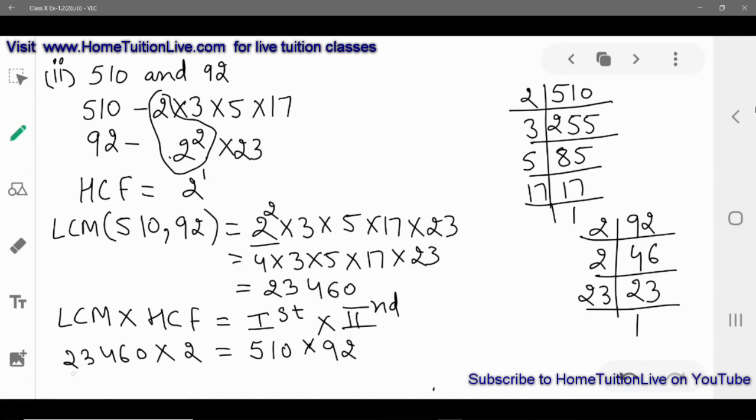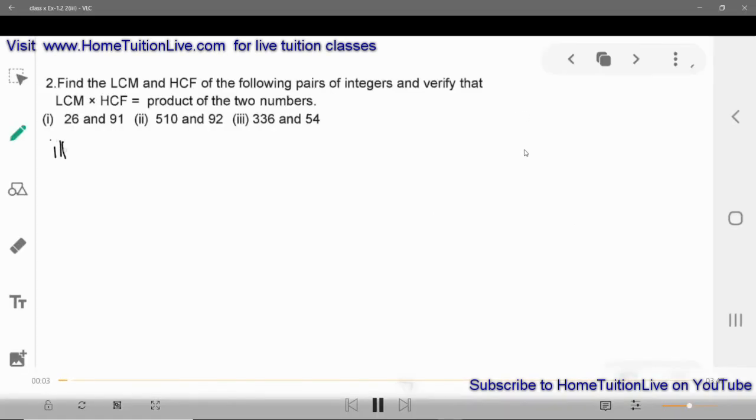When we multiply these numbers, we get 46920. When we multiply these numbers, we get this 46920, and that is proved. That is verified.